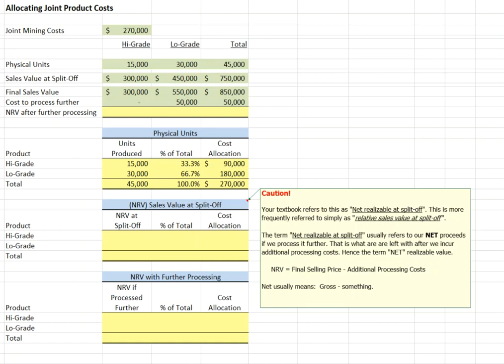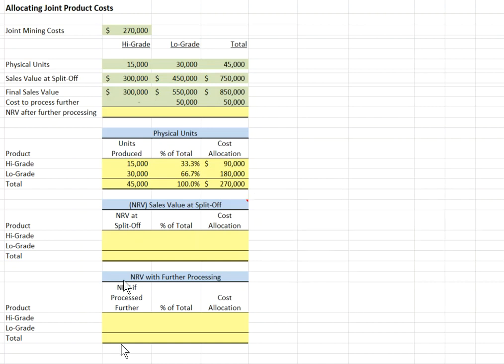That is what we are left with after we incur additional processing costs, hence the term net realizable value. Net realizable value is the final selling price minus any additional processing costs, which are attributed directly to the individual products. Again, net usually means gross minus something.